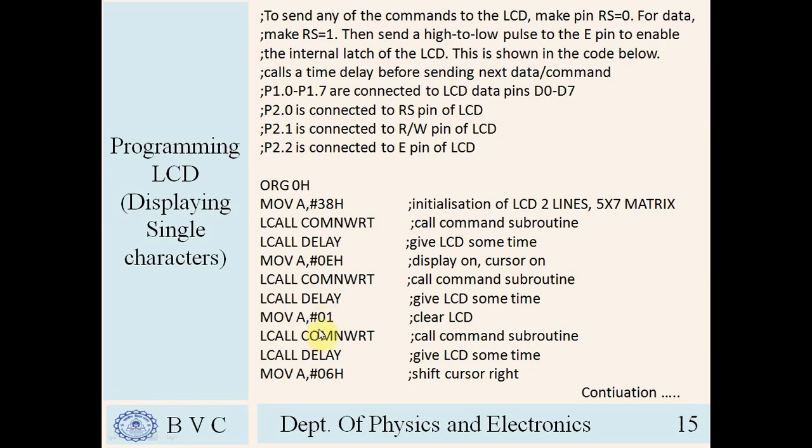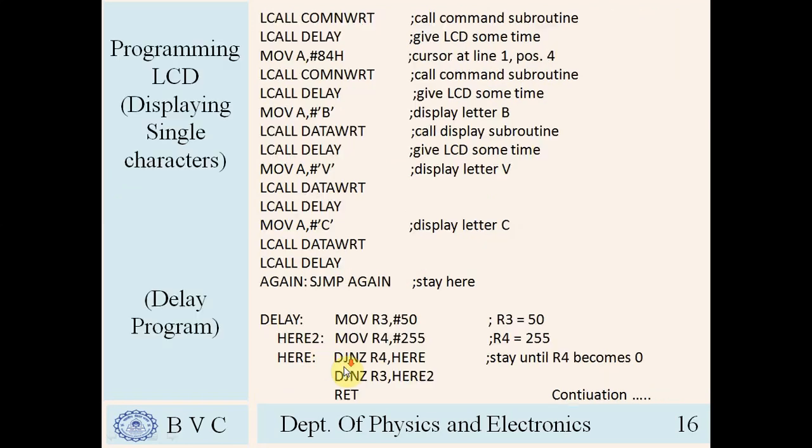So this is the time delay between 2 successive commands, right? Similarly you can see LCALL command write, LCALL delay. Move A, then 01 is the clear LCD command, and then LCALL command write, LCALL delay. Then 06 is another command, command write and delay, right?